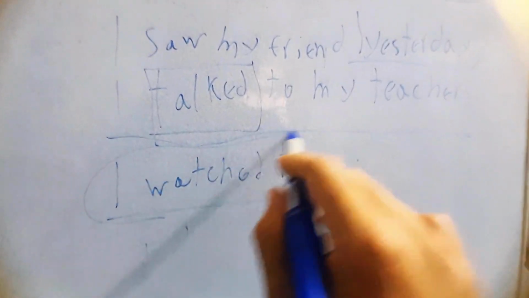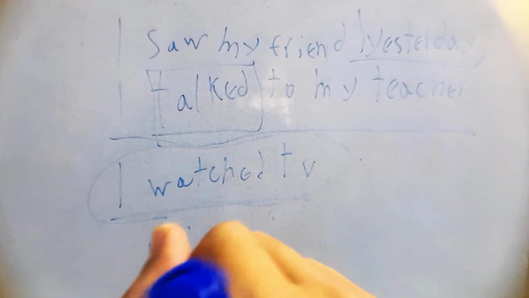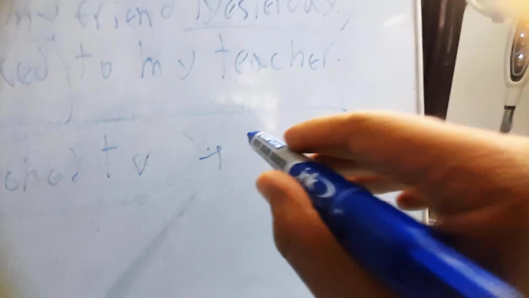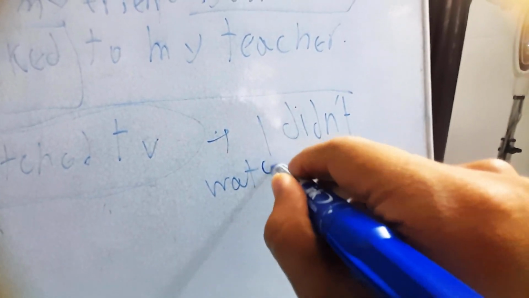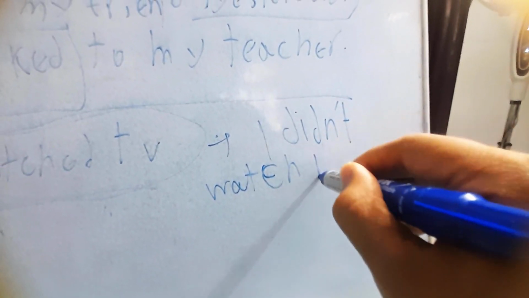For example, let me erase this. We must change this sentence from positive to negative form. I'll write I didn't watch TV.